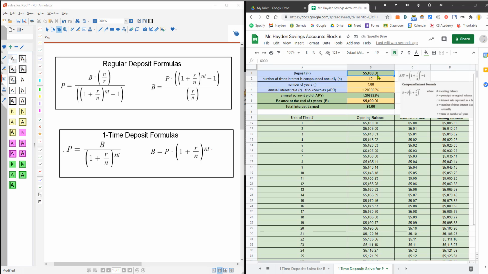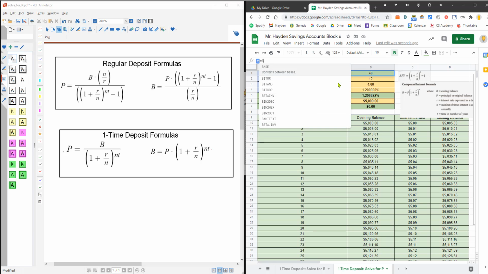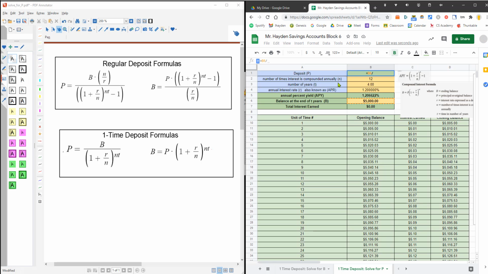Okay, so now I go up to the P cell, and I need to enter the formula. We're on the one-time deposit, so it's this one right here. So I'm going to enter equals B. Now what's B? B is B6. So it's going to be B6 divided by 1 plus r over n to the nt.